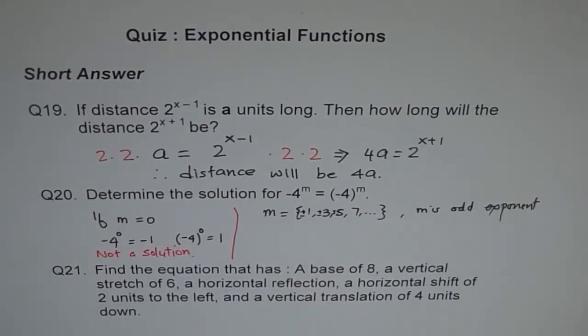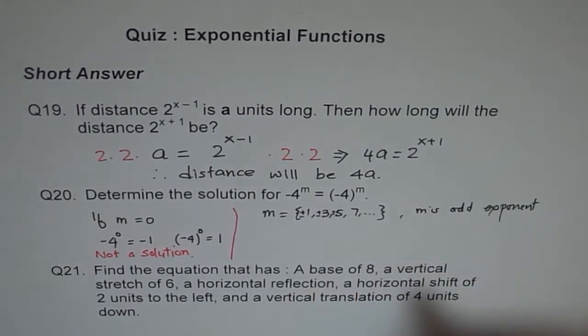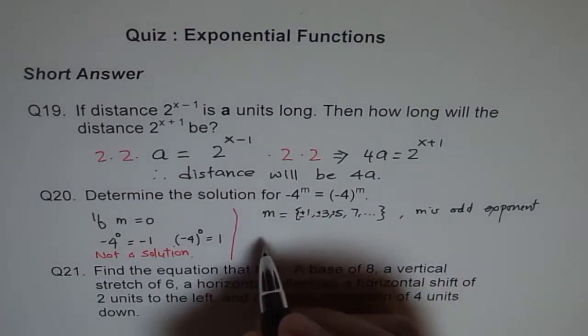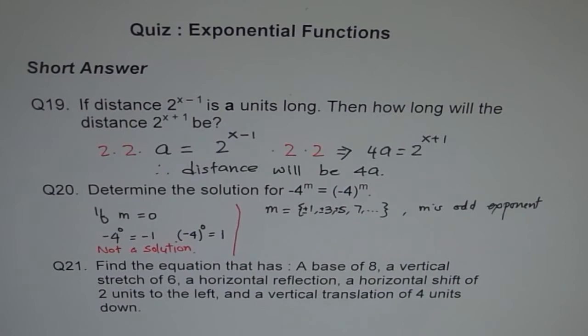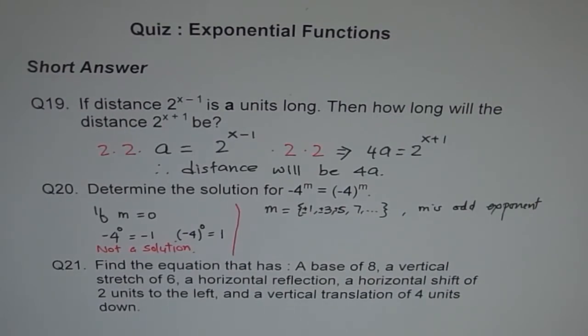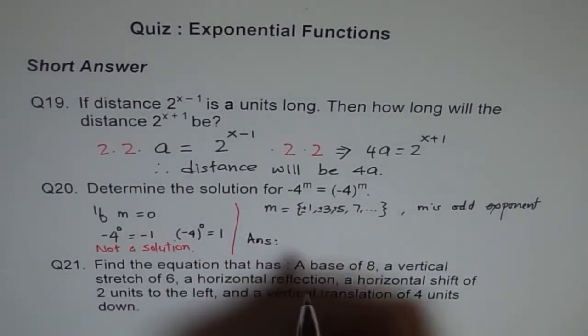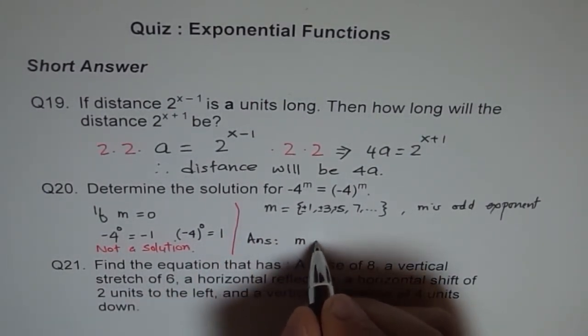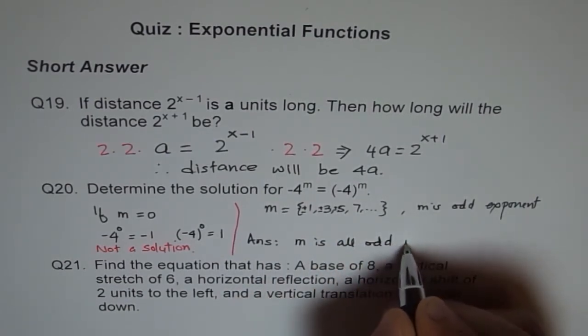So therefore, let me write this. And in general, you know how we can write an odd number? We can write odd numbers as 2n plus 1, right? So that is how you can say odd numbers. But, well, this is very good. So therefore, the answer is m is all odd integers.